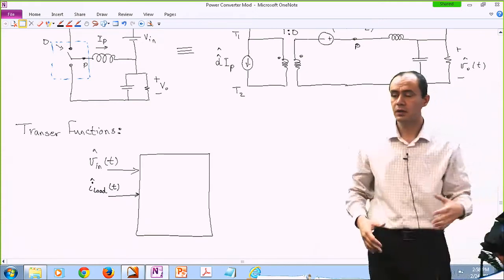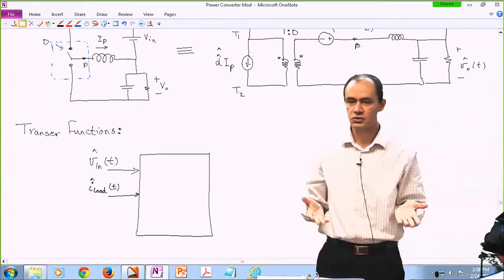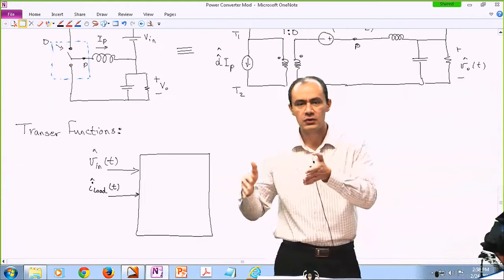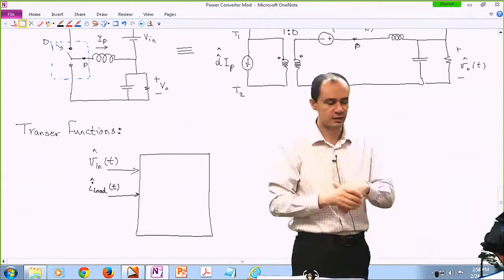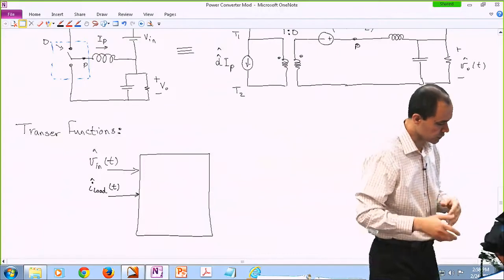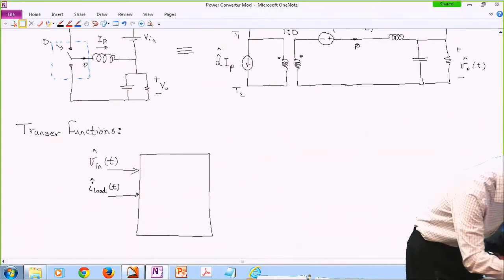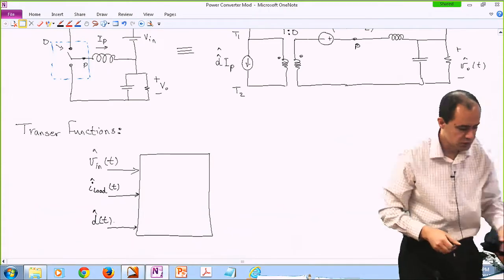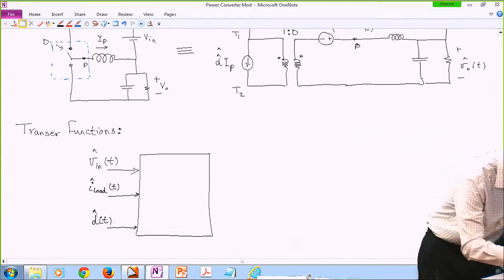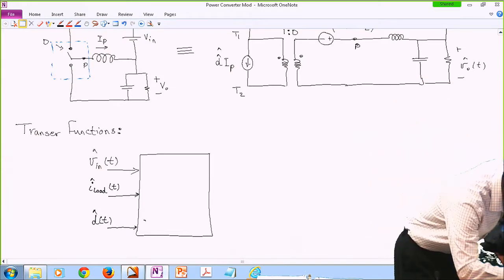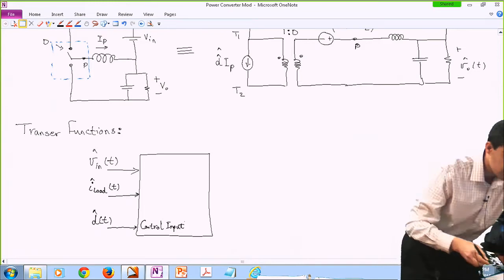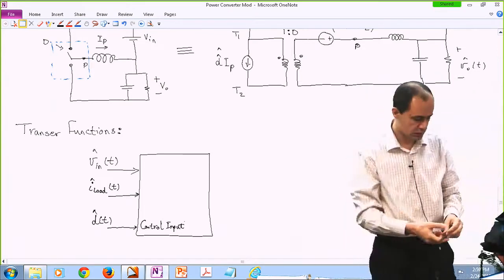This is more general because on the output side, you may not have a resistor. You may have another converter. So whatever current that load or whatever that is is drawing is another source of our perturbance. The other one is the duty cycle. So these are the inputs to my system. We call this the control input, because it is something that we can control, or the controller can control.